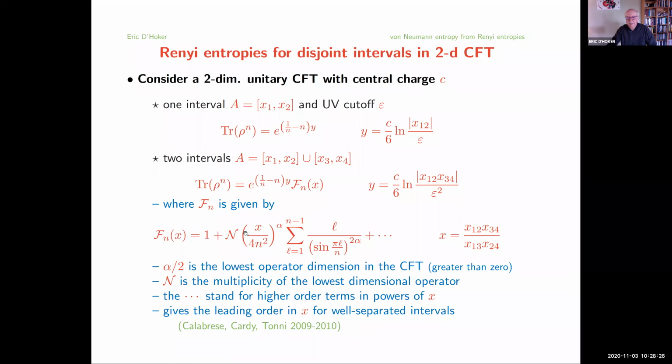That also makes sense. That will be multiplicative. And then the dot, dot, dot here stand for higher powers in x, which would involve higher dimension operators and so on and so forth. So this expression was calculated by Calabrese, Cardy, and Tani, and we will take it at face value. Any questions?